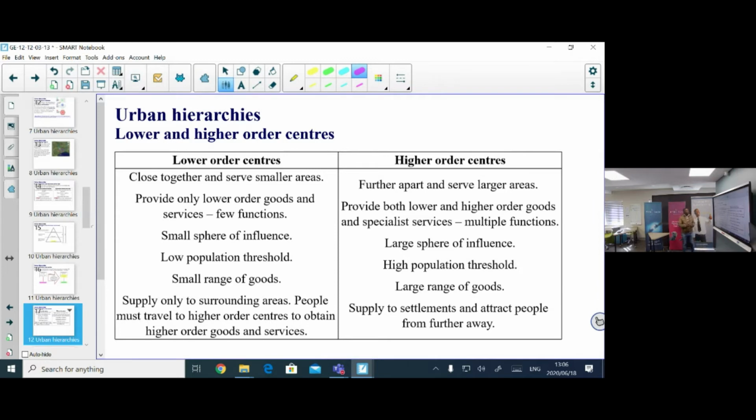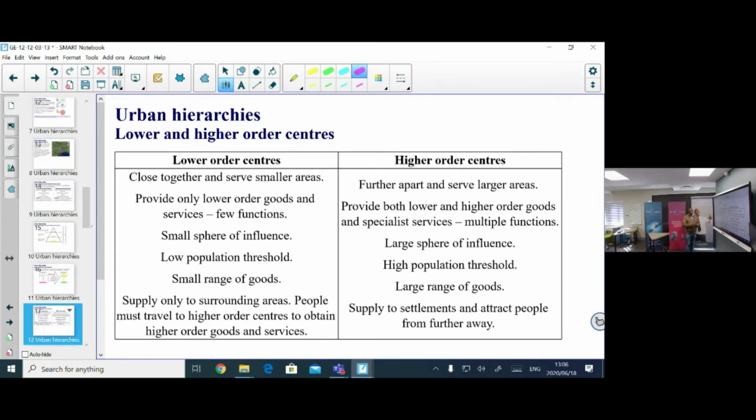An example is spaza shops in townships, there are many spaza shops in a township. Whereas malls and supermarkets are far apart and in larger areas.